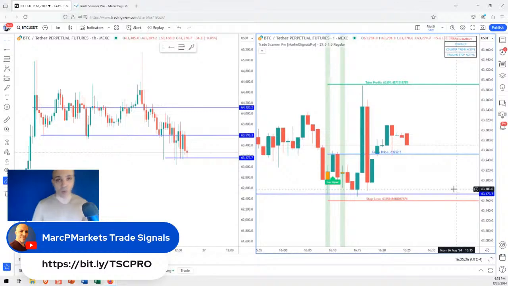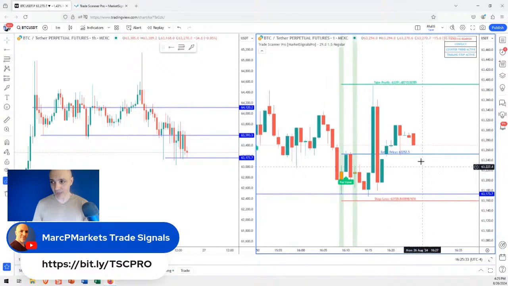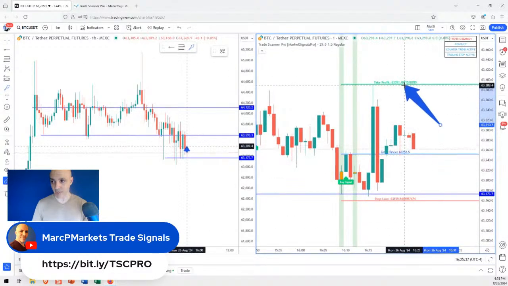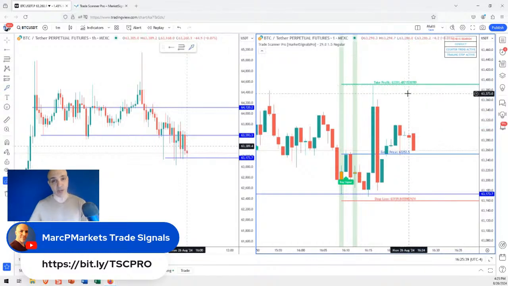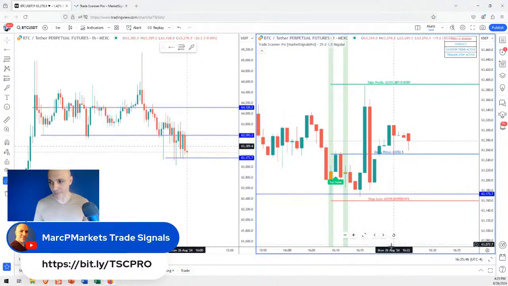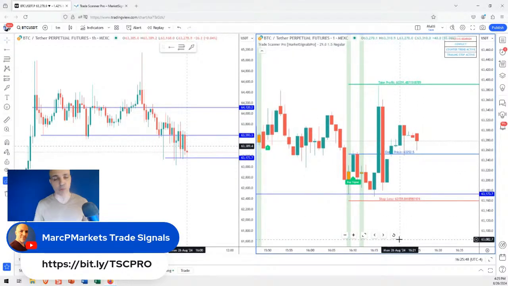Trade Scanner said go long, and I'm trying to maintain this long. Price action is just gyrating around, not really doing anything. But as long as that support holds, there's a chance we get to this objective, where I will then unload another contract or two. Now, as you can see, my trailing stop hasn't appeared yet because we haven't been in this trade long enough.